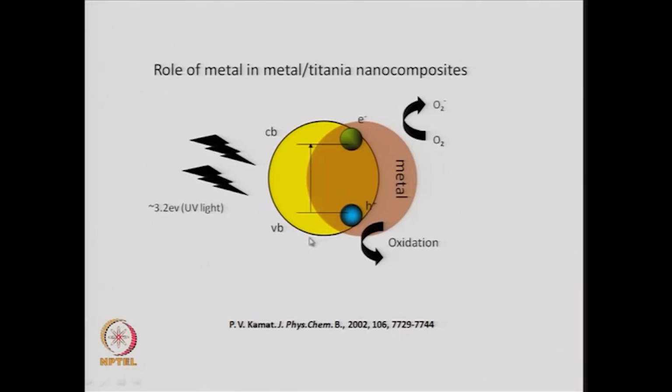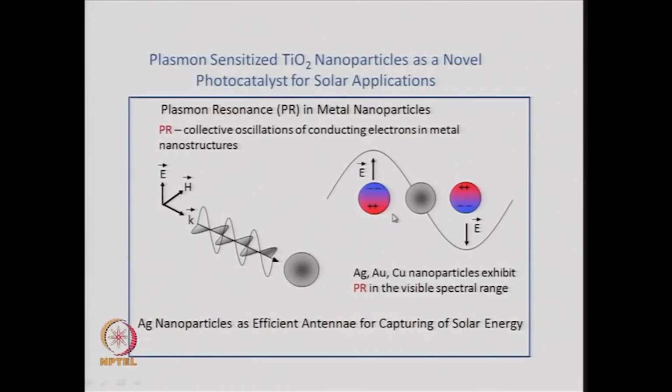So, this is another possibility where you are using UV light, but the metal is enhancing the application of the electron and the hole, that is, the reducing and the oxidizing capabilities are enhanced by the presence of the metal. In the previous case, these surface plasmons are basically acting as an antenna to trap energy in the visible spectral range, and then it helps in the sensitization of the titanium nanoparticles.